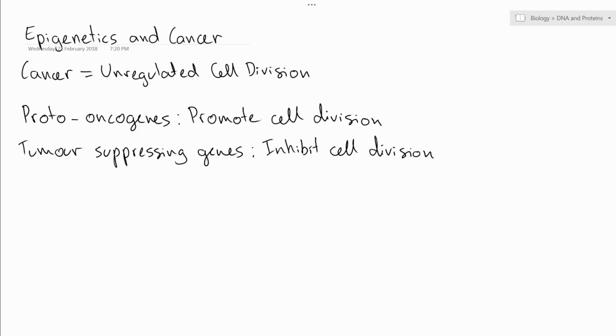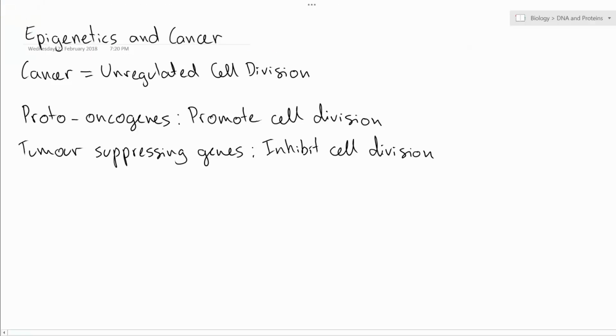These tumor suppressing genes, which usually would inhibit cell division, by being silenced, are not able to keep cell division regulated and under control. Both DNA methylation and acetylation, which is part of chromatin remodeling, can have an impact on this.